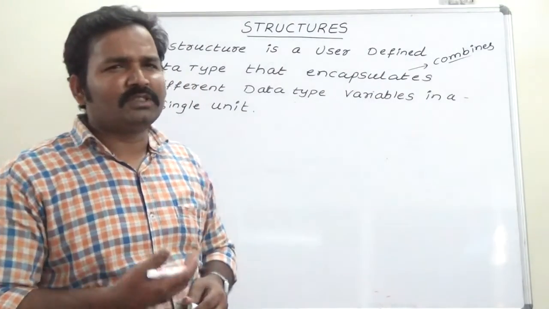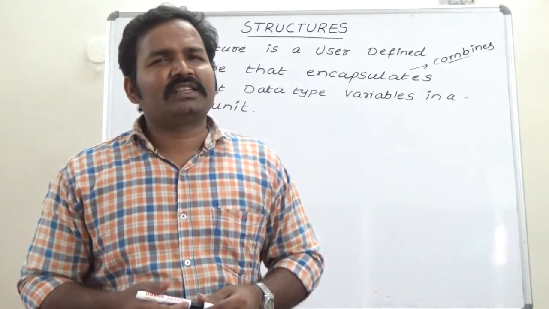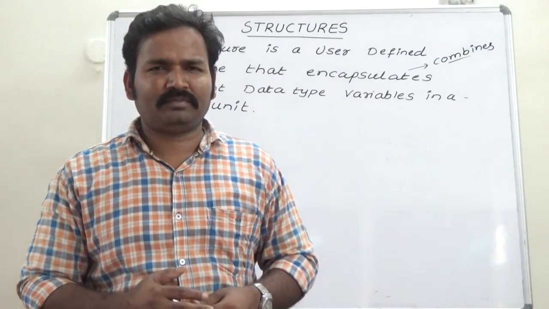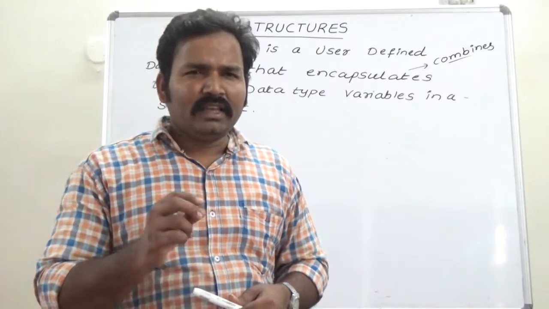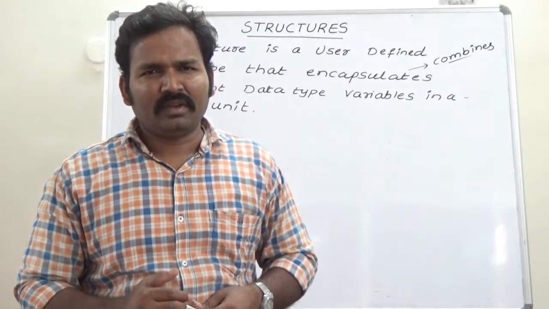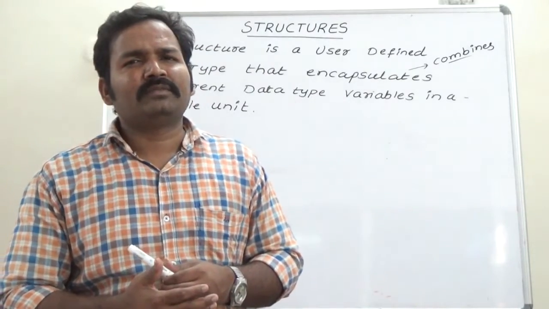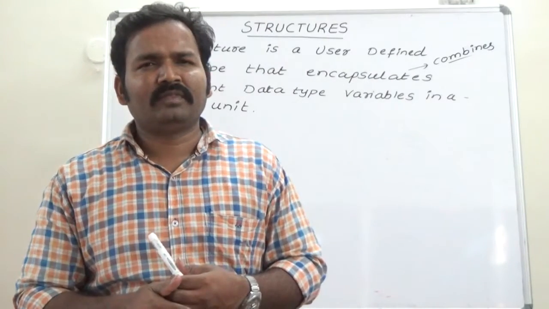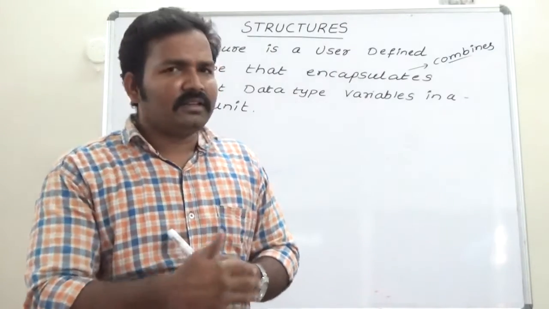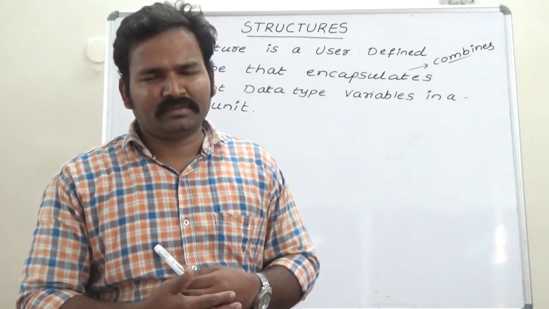In simple terms, structure is a collection of elements of different data types. And an array is a collection of elements of similar data type. Here structure is a collection of elements of different data types.